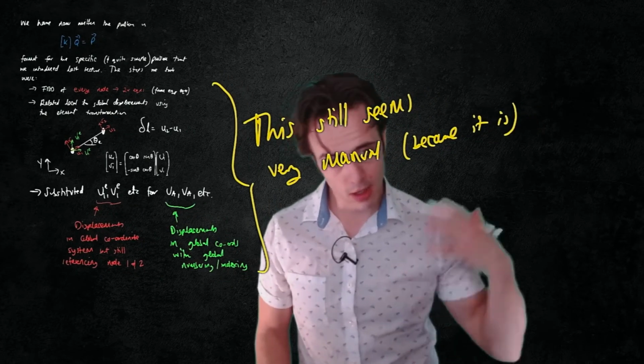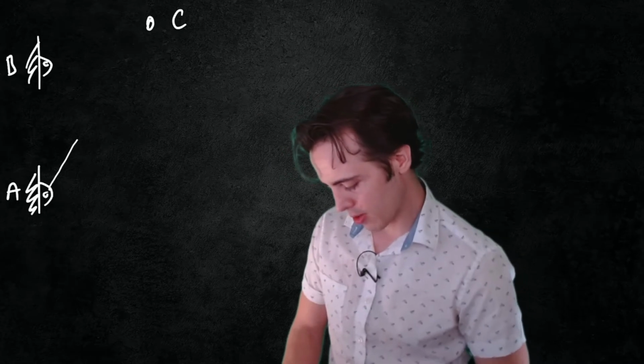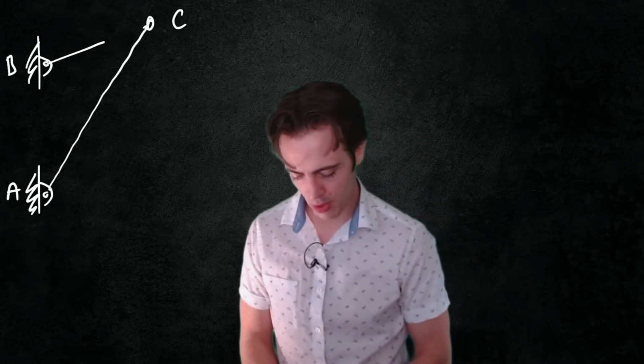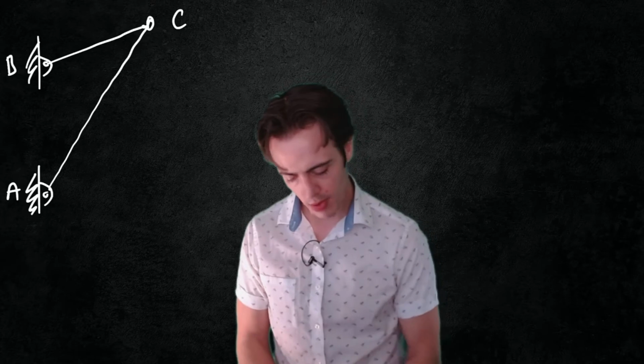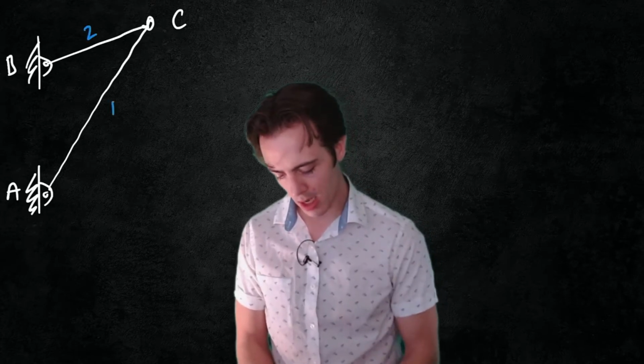So let's have a look at the global KQ equals P for this problem. Let's just remind ourselves of the problem that we had. I'm going to redraw it. So we had two built-ins, which was nodes A and node B. And then we had a free node, which was node C. And this was joined by two members, which we called elements 1 and element 2.